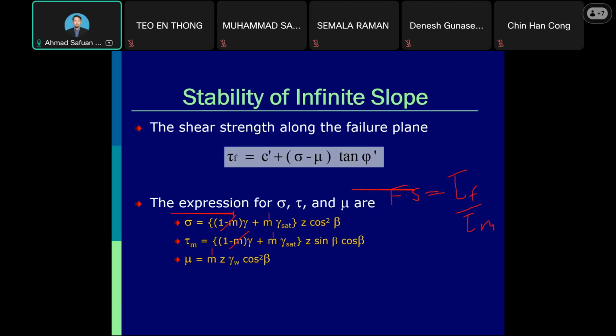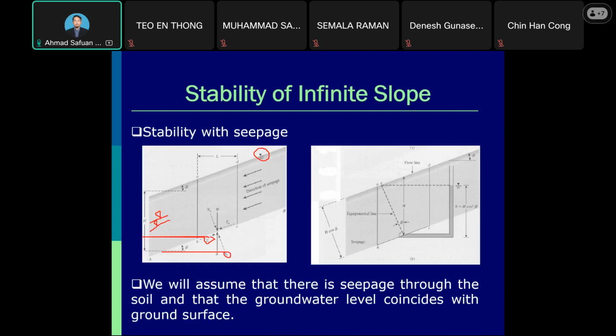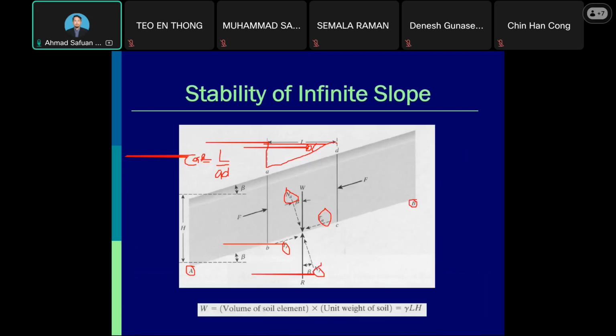Don't worry, we will go for the example after this. I will explain in detail and then we will look at the difference, comparing with the approach from the fully saturated and dry equations.